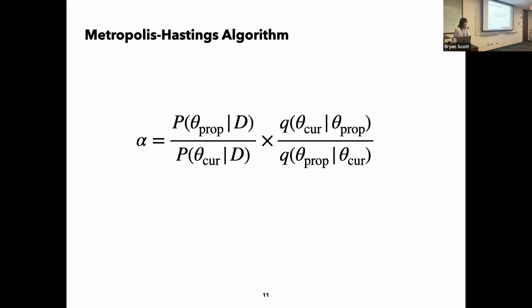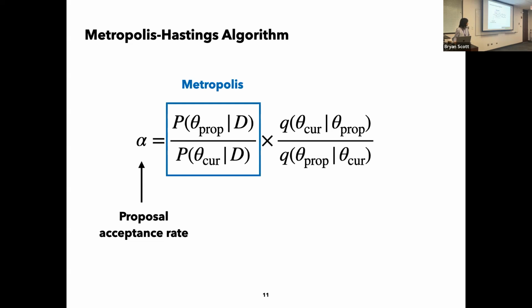Okay, so what is very important in this MCMC algorithm is alpha, the proposal acceptance rate. In our example, we look at the ratio of the posteriors between the proposed state and the current state. Right.